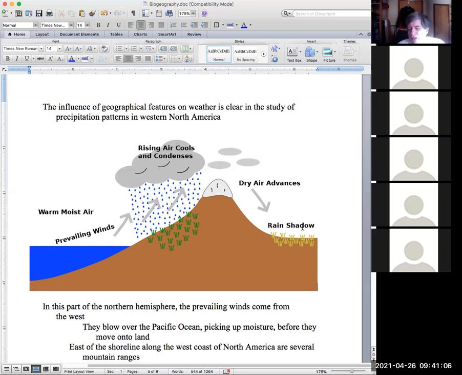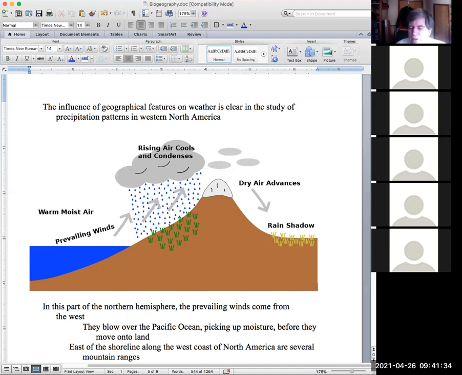So as a result, when we go down the eastern slope of these mountains, this eastern slope only gets dry air, and the eastern slope tends to form deserts. We sometimes say that the eastern slope forms what's called a rain shadow. Just like in a regular shadow, there's no sun. In a rain shadow, there's very little rain.